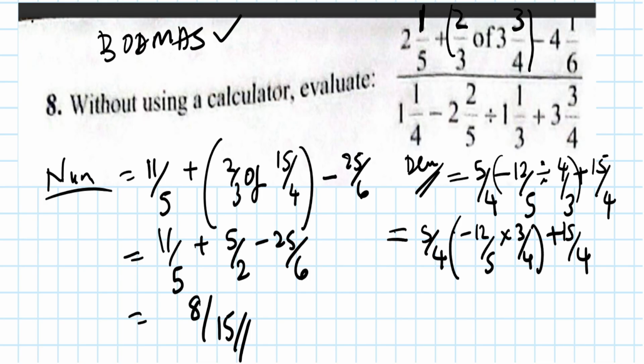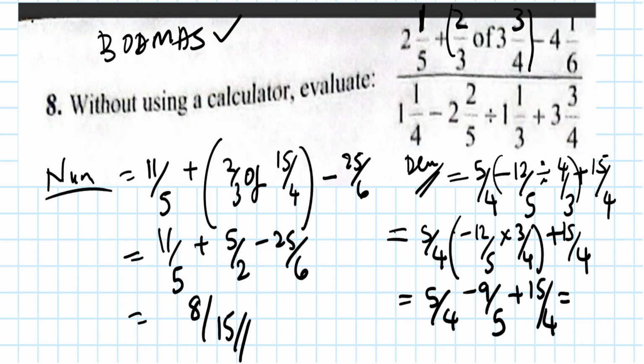Once you simplify, it gives you minus 9 over 5. So this gives 5 over 4 minus 9 over 5 plus 15 over 4. If you add all of these three, let's see how much it gives us: 5 over 4 plus 15 over 4.